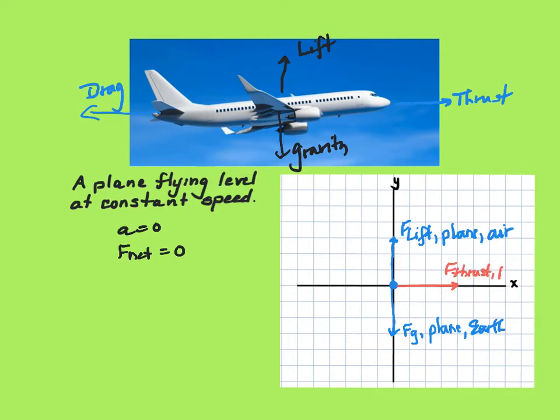Remember, this is on the plane by our exhaust gases. And then equal in the backwards direction is going to be our drag on the plane by the air. And these two should be congruent, and these two should be congruent. And that's why we have no net force and an acceleration of 0.